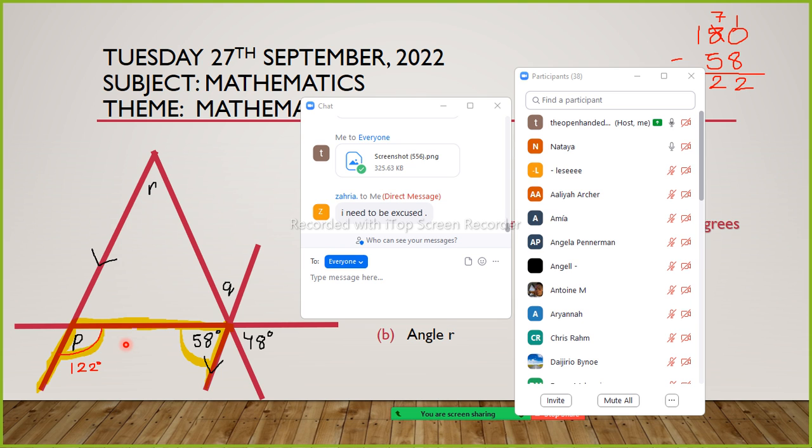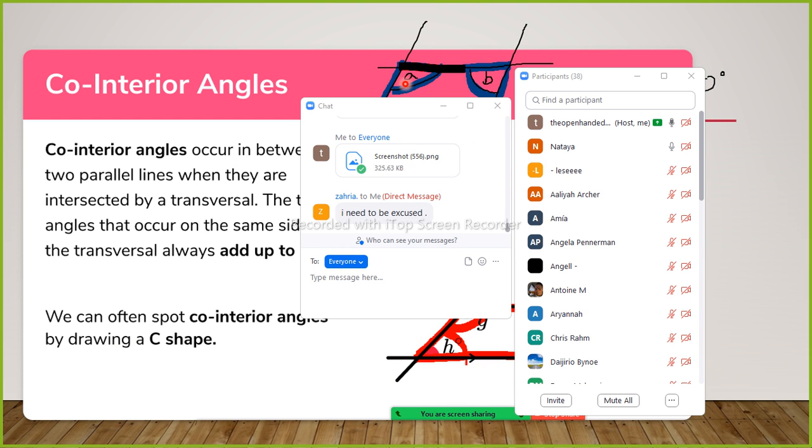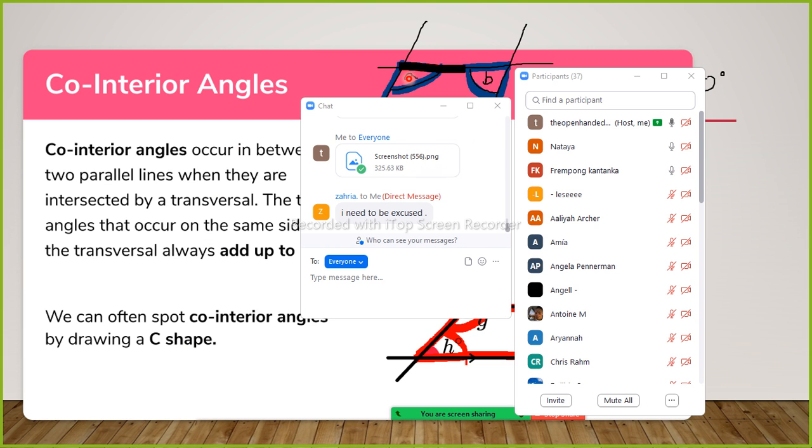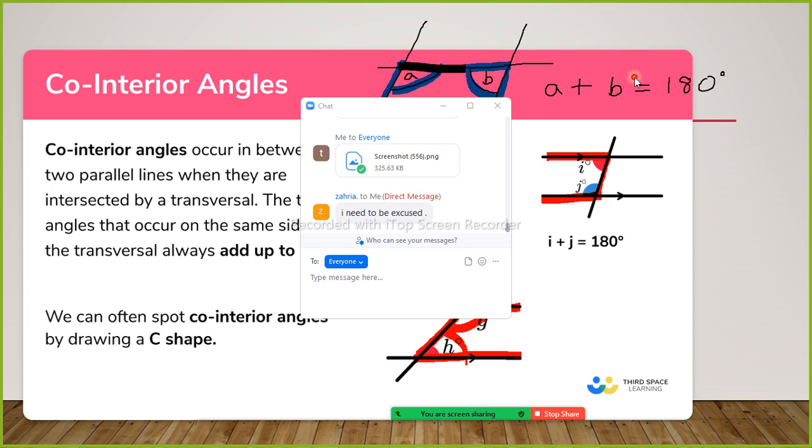If we look at this, these two angles are co-interior angles. Co-interior angles always add up to 180 degrees. So P and 58 are co-interior angles. What must they add up to, Natalia? 258. No. Look at it again. Co-interior angles always add up to 180 degrees.